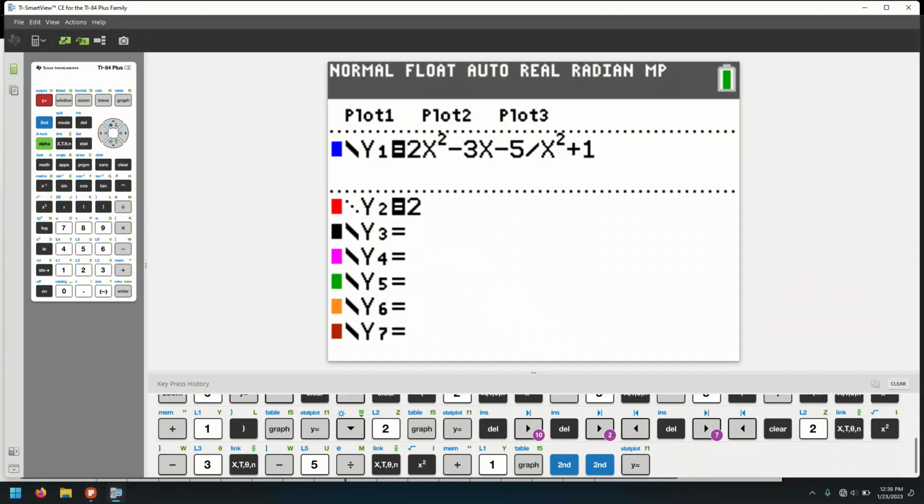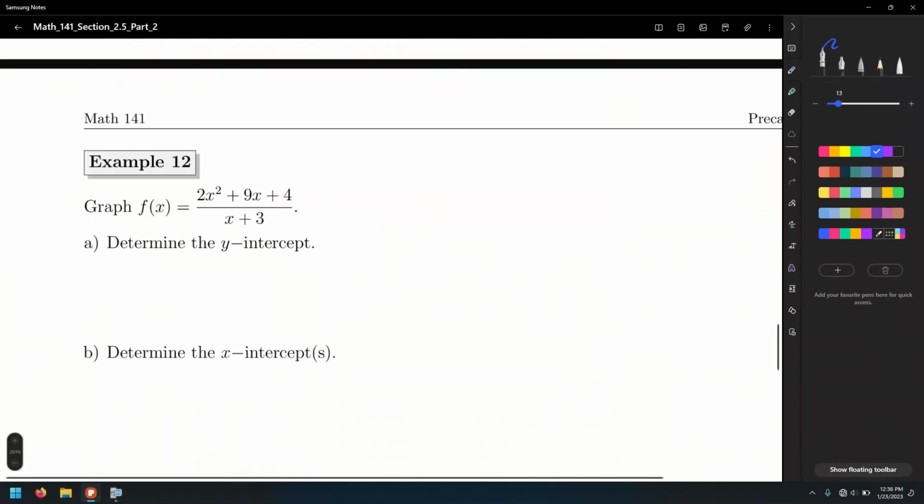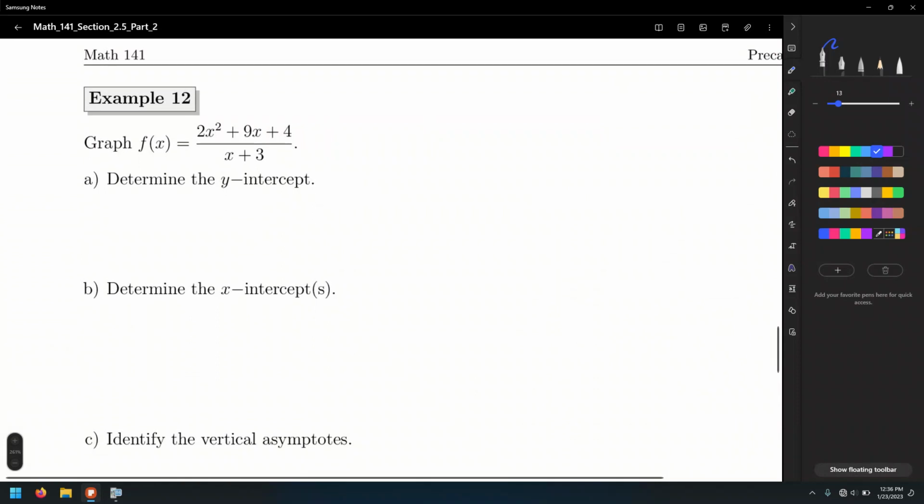So, let's look at one more example. Let's get started with it. So notice, it looks somewhat similar to what we did before. That's a quadratic polynomial in the numerator. That's a linear polynomial in the denominator. And I think by just eyeballing the function, we can sort of tell what this is going to look like.